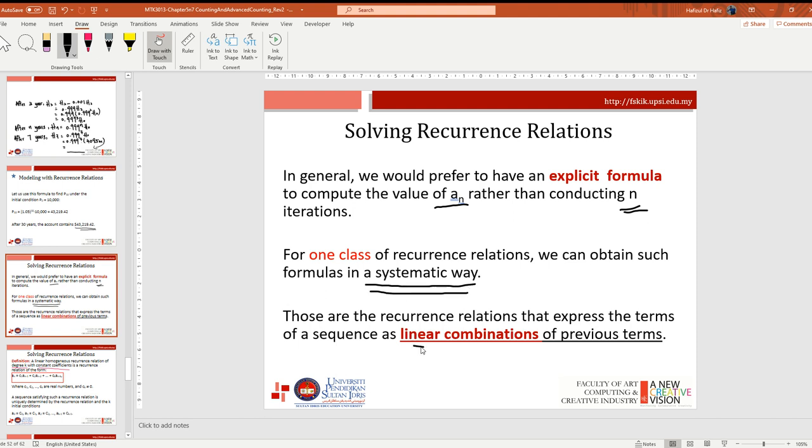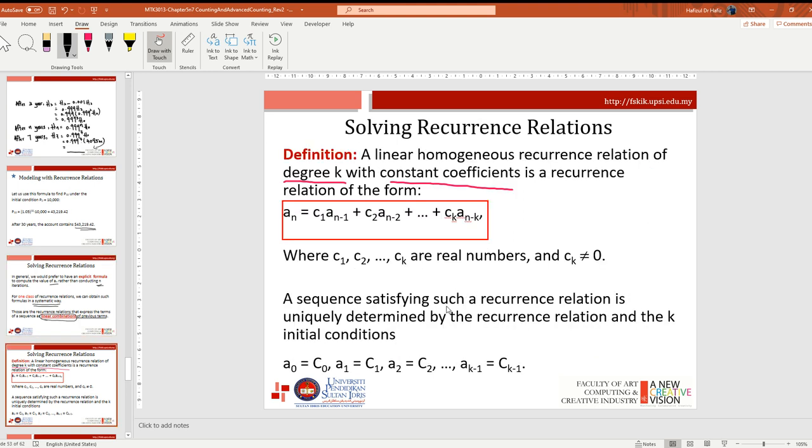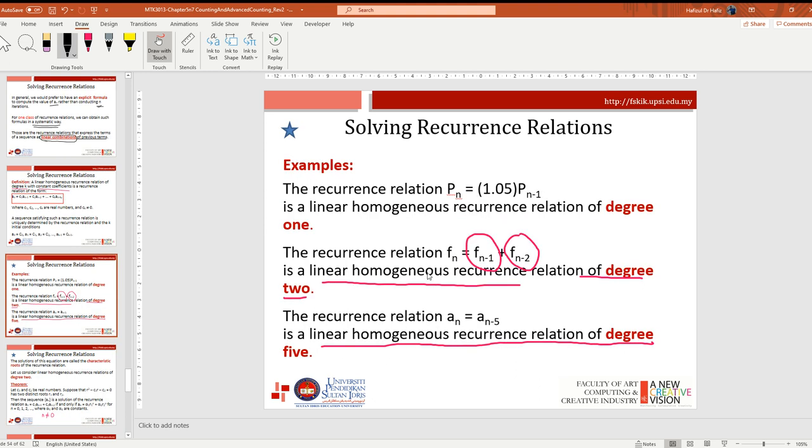Okay, we use the linear combination. Okay, and then this one is the constant coefficient recurrent relation. Okay, so we have this one recurrent relation of degree 1. This one is degree 2, and then this one is linear homogeneous recurrent relation of degree 5.